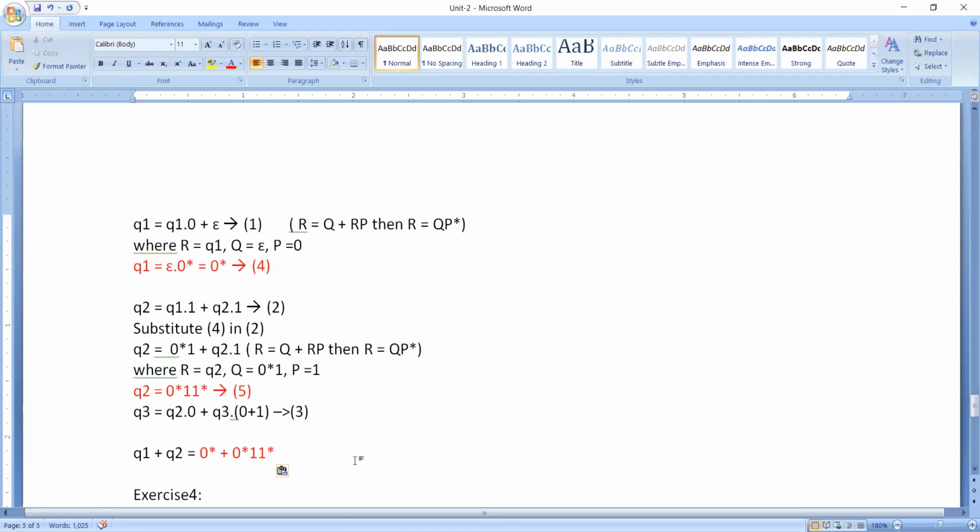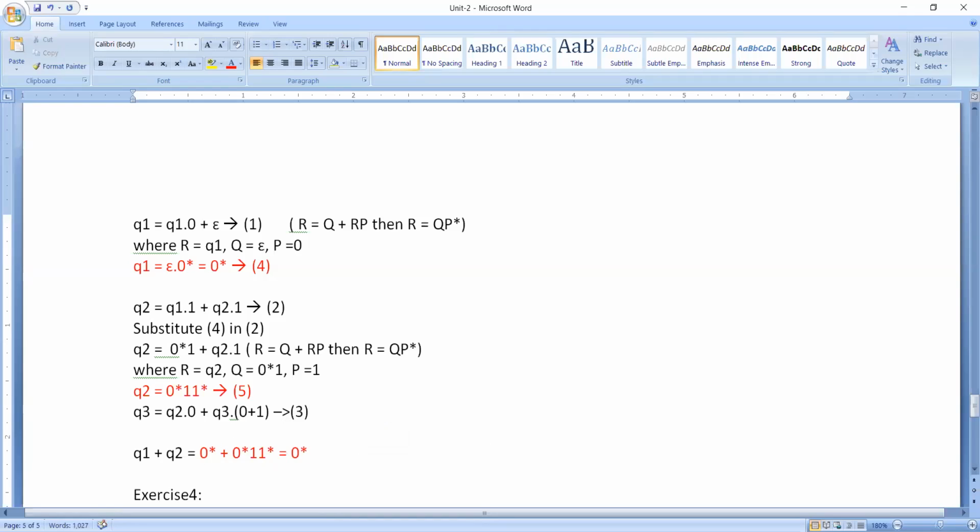Now if you observe thoroughly, is it possible to simplify this expression? Yes, obviously we could do that. How? Can we take 0 star as common? Yes.